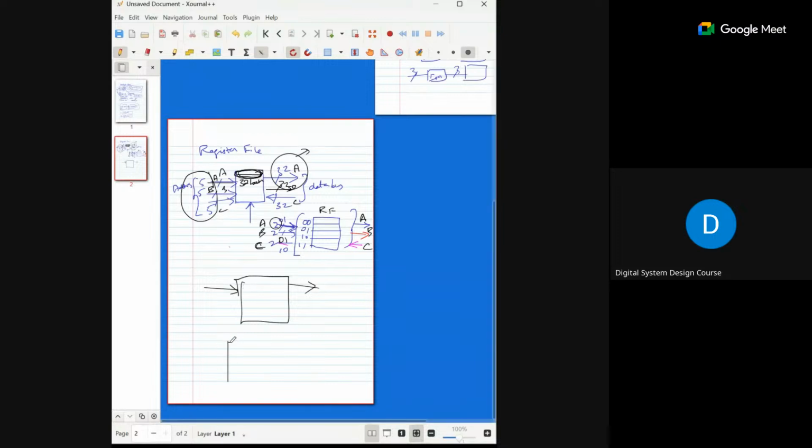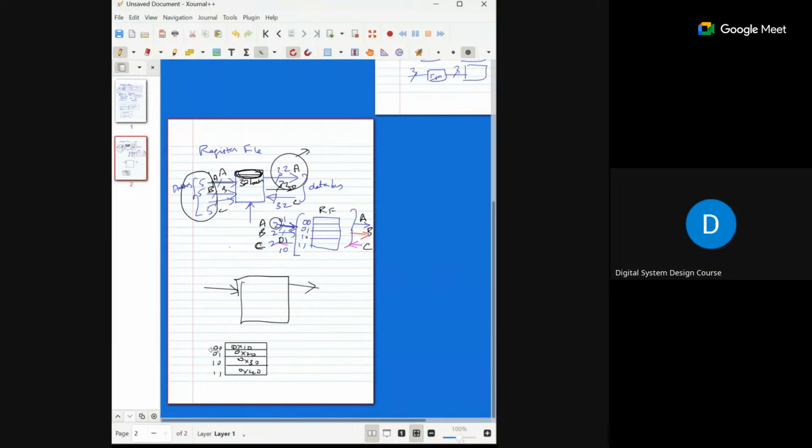Okay, I'll put it another way. This is the memory structure just as an example.